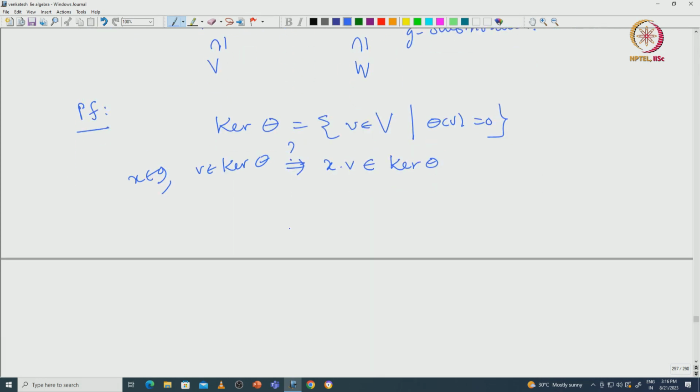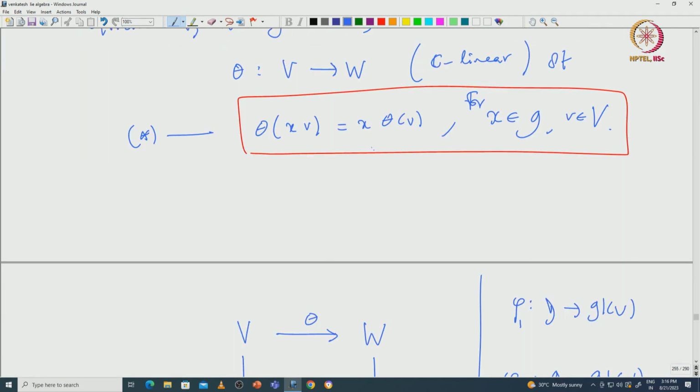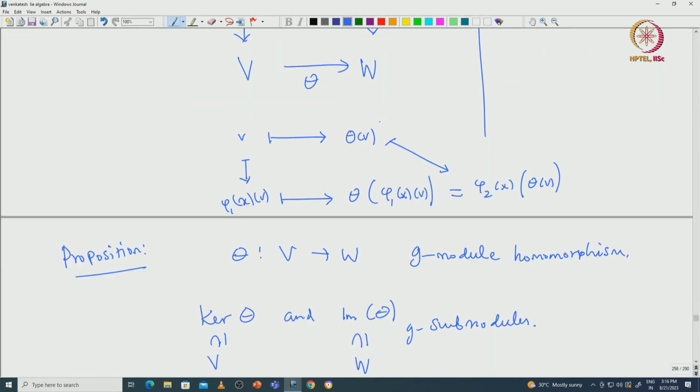So, let us see how this x dot V can be obtained. You apply theta of x dot V. That is what you need to check. We need to get that this is 0. But what is theta of x dot V? If you go back to the definition, it says theta of x dot V is x dot theta of V. Okay. Maybe I will put this dot so that we are talking about action.